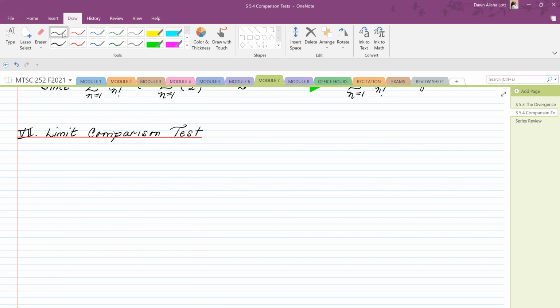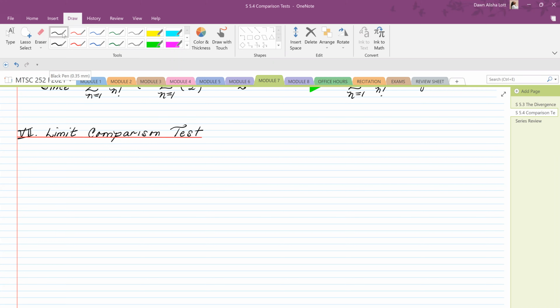All right, so the limit comparison test has 3 parts to it. I hope you're good at limits because you're going to need to be taking limits for the limit comparison test. And the limit comparison test works even when the direct comparison test does not.